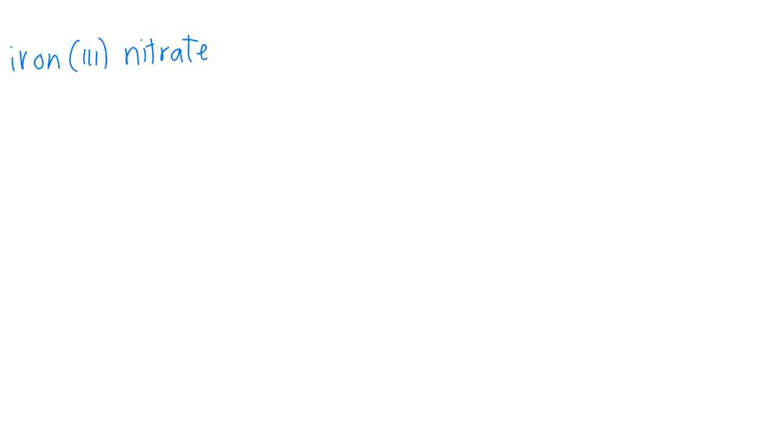So we have iron, we're told that it's 3 positive. Nitrate we know is NO3 negative. Swap those charges, and we have Fe(NO3)3.